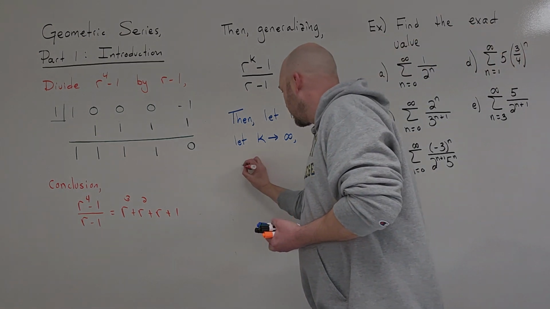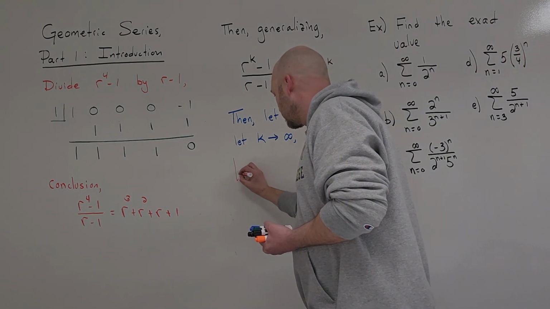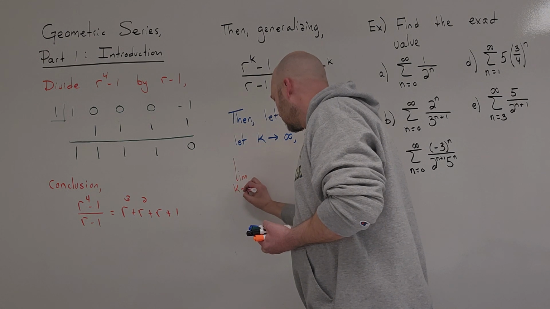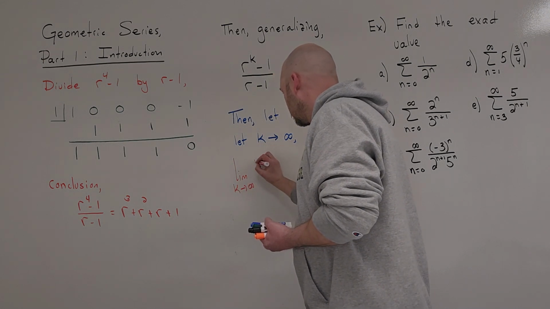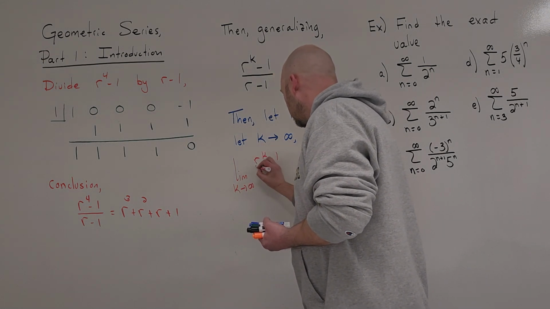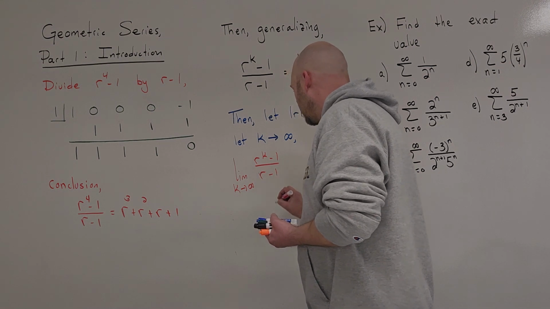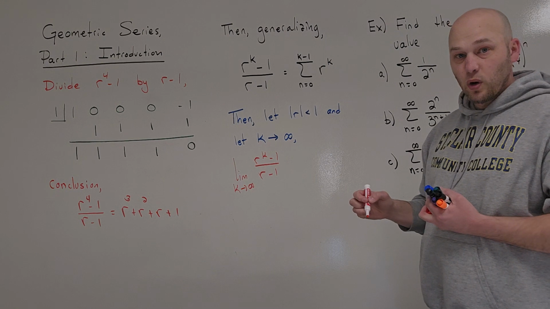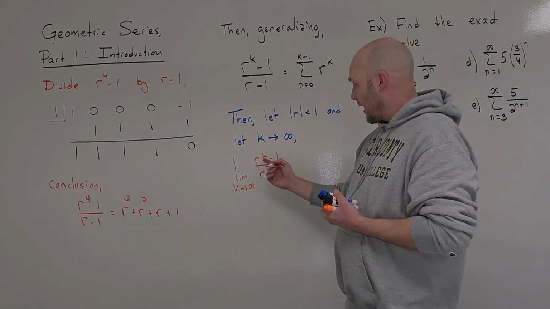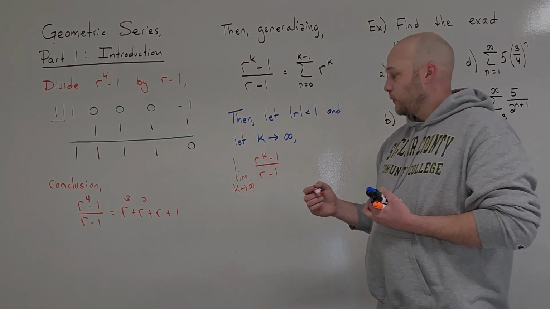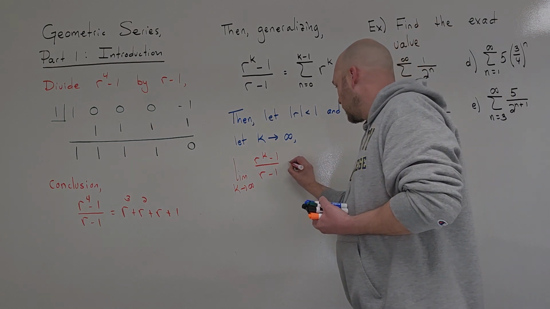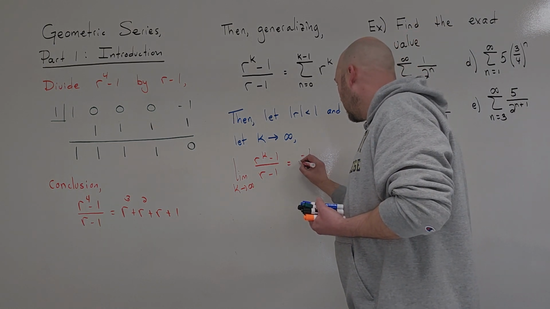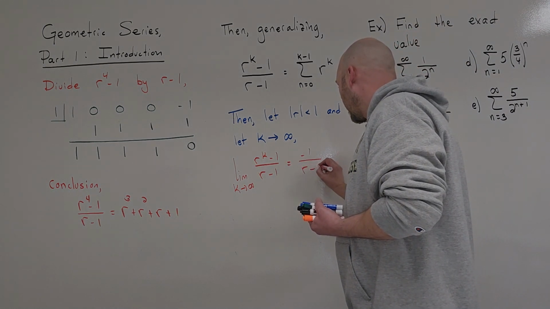If I take the limit on the left-hand side, r to the k is going to go to 0 because the absolute value of r is less than 1. So this is going to give me negative 1 over r minus 1.